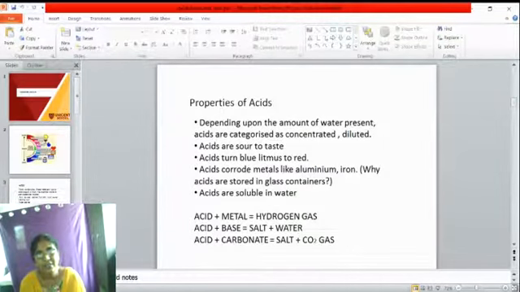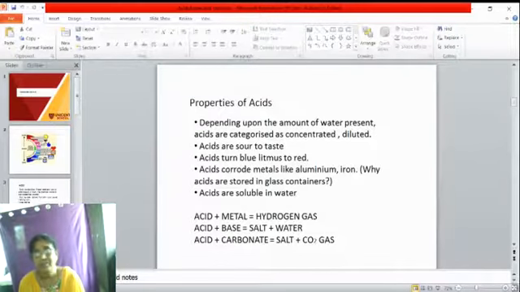That differs in the amount of water present in the acid. If the water content is less, it is termed a concentrated acid, and if the water content is more, then it is termed a diluted acid.